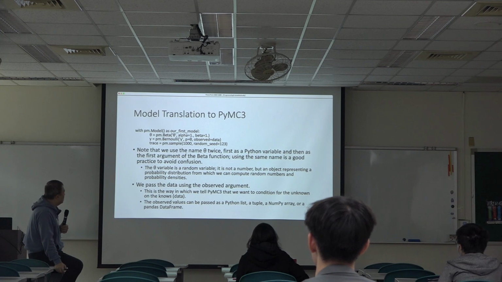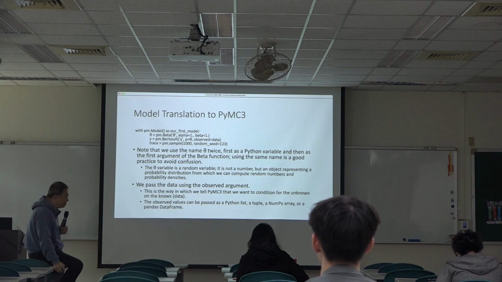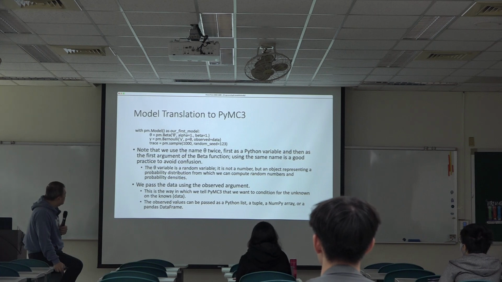And then here we call pm.sample for 1,000 times with a given random seed. You can change the random seed if you want a different sample, by the way, and we will store all the results in the trace, which is an object.